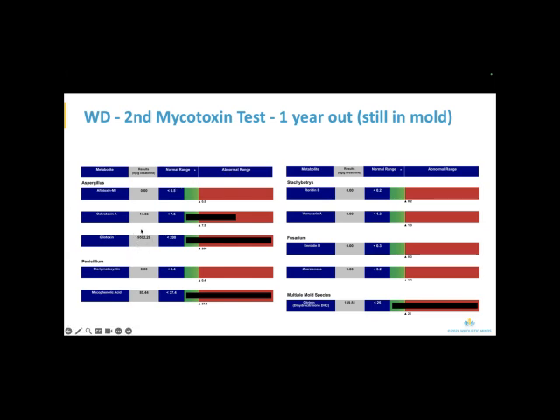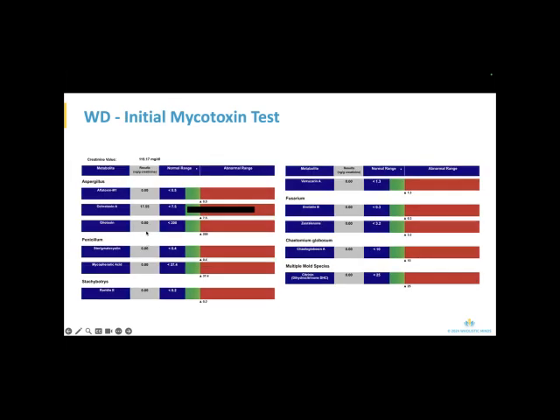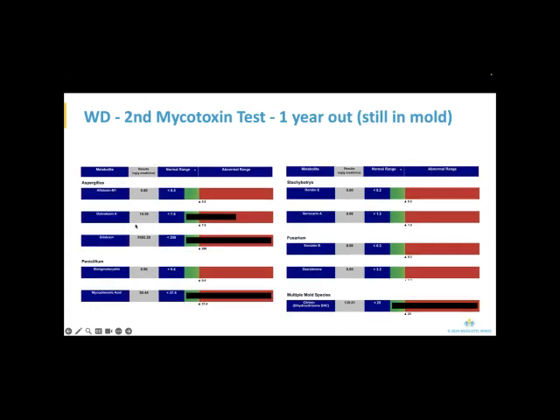Look at that gliotoxin. So gliotoxin went from 0 to now suddenly being at 9,592. How many times have you had people say, well, if you see gliotoxins, use this. If you see this toxin, use that.